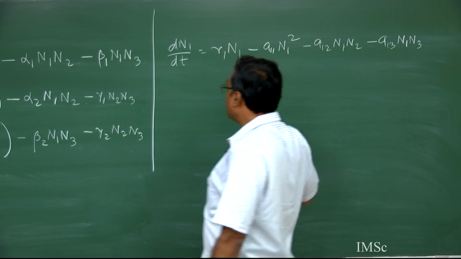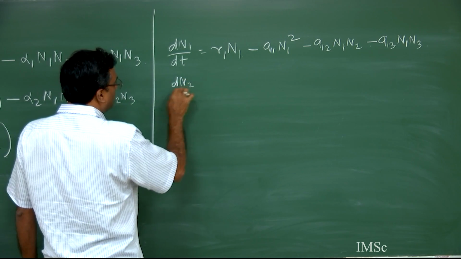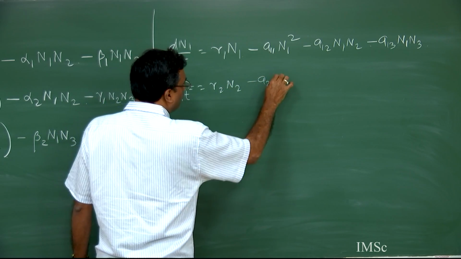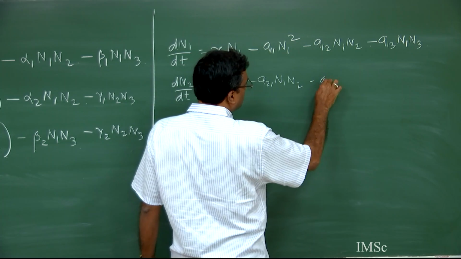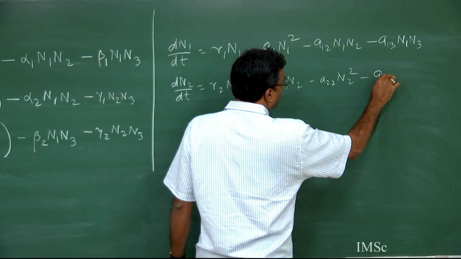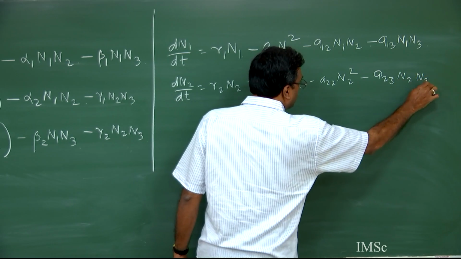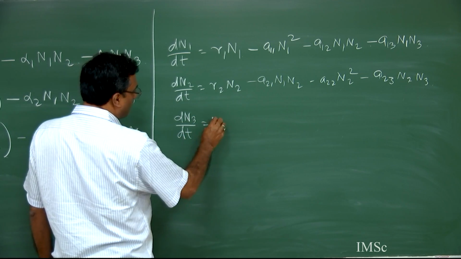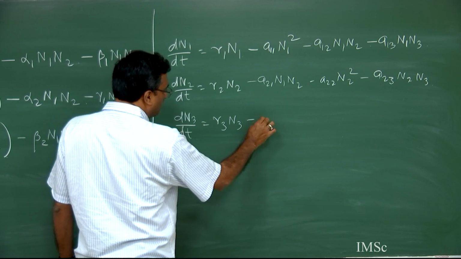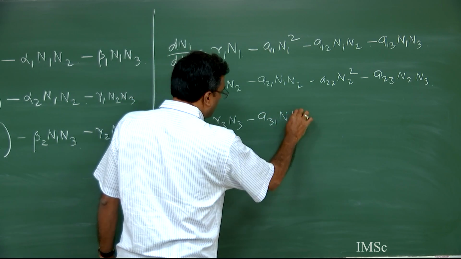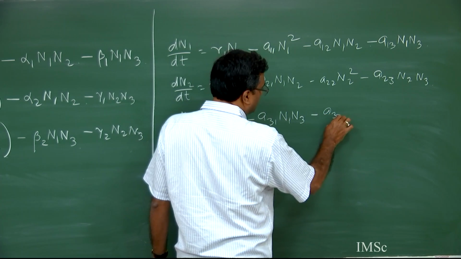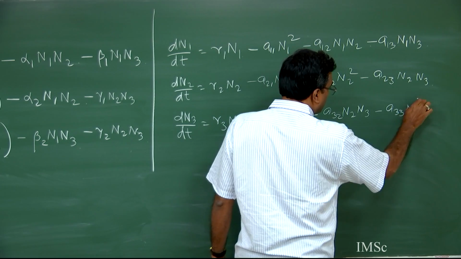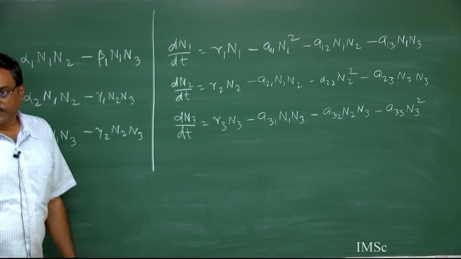Similarly, you can write down the rest of the equations as dn2/dt equal to r2 n2 minus a21 n1 n2 minus a22 n2 squared minus a23 n2 n3, and finally dn3/dt equal to r3 n3 minus a31 n1 n3 minus a32 n2 n3, and finally minus a33 n3 squared.